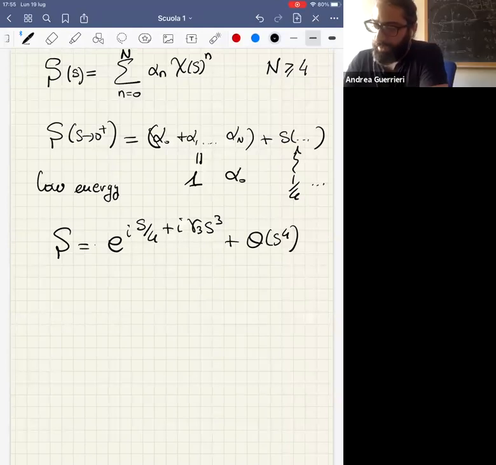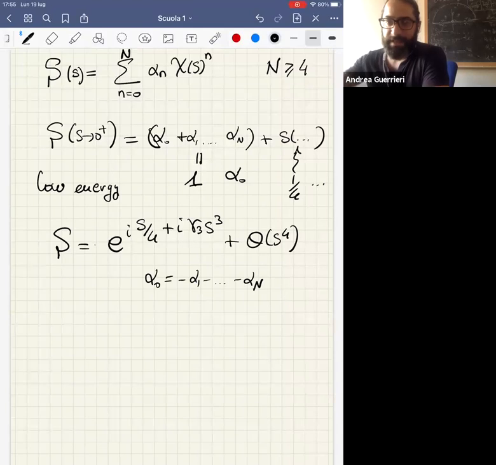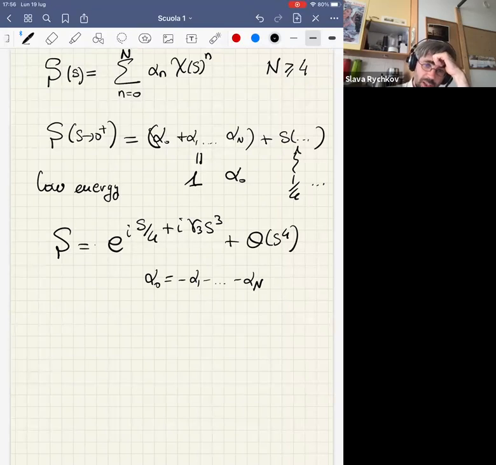Yeah, by solving, I mean that you express alpha 0, for instance, as minus alpha 1, minus alpha n. This is the first coefficient I know by heart. Okay, I'm solving the first equation. Then it's a coupled system of linear equations, and you have to solve them. So this way we eliminate a few coefficients, and we are left with the other ones.